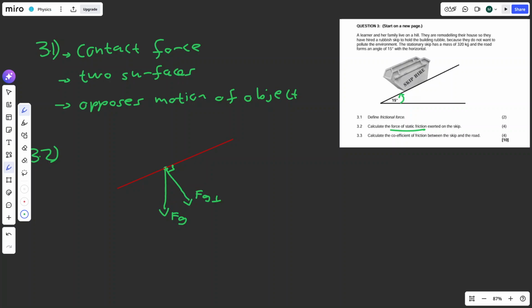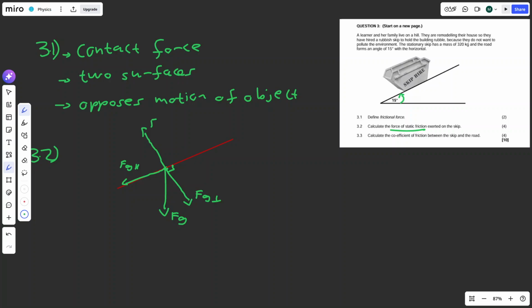And now another component of gravity is the parallel component, which is parallel to the surface. So it's going to be in that direction, and we'll call that FG parallel. And then lastly, we've got the normal force, which is perpendicular to the surface, acting upright.